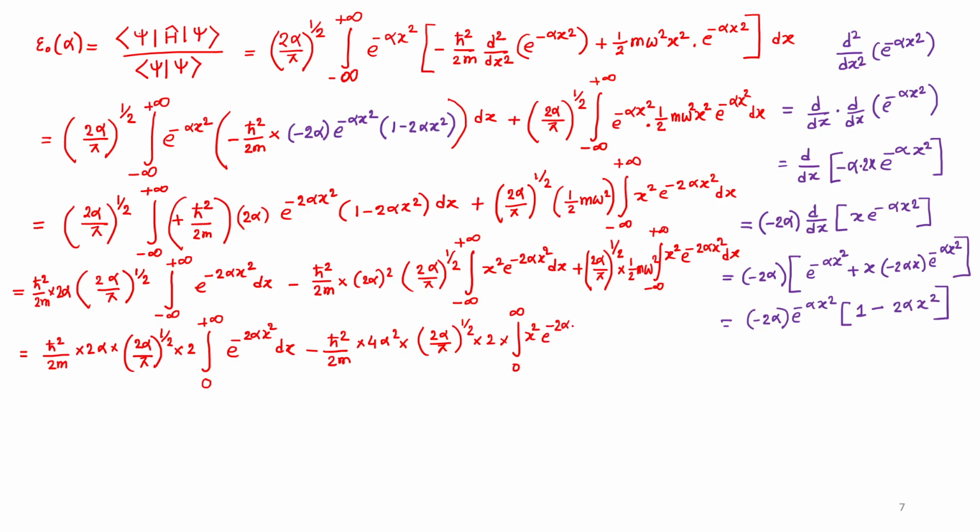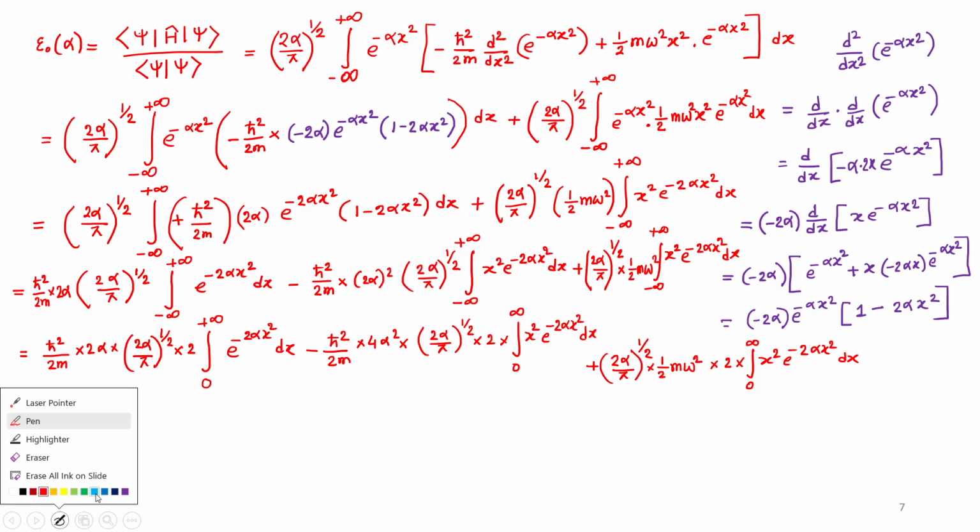On this side we have 2 alpha by pi to the power half, half m omega square, and we can write the same integral as the second one, x square e to the power minus 2 alpha x square. Okay, so we need to see what the values are going to be for this integral.